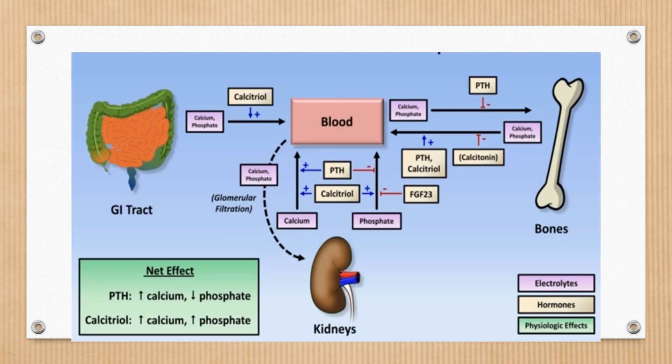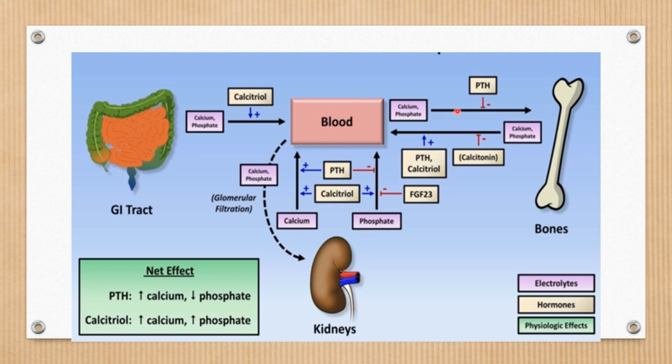As I mentioned in the previous slide, parathyroid hormone increases the calcium level in your blood or serum. So here we see how it does so. The parathyroid hormone inhibits bone formation and stimulates bone resorption, meaning that it does not allow the calcium to enter into the bones.